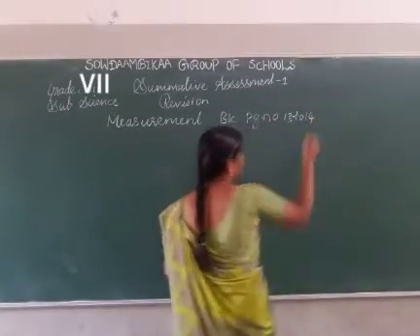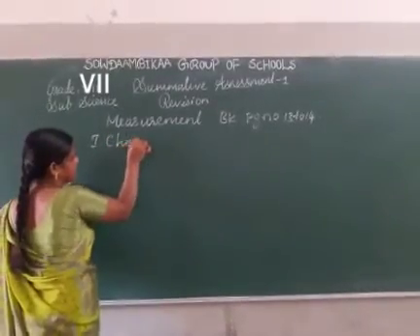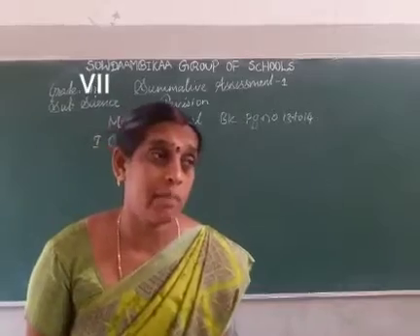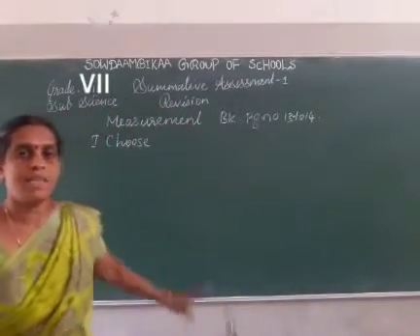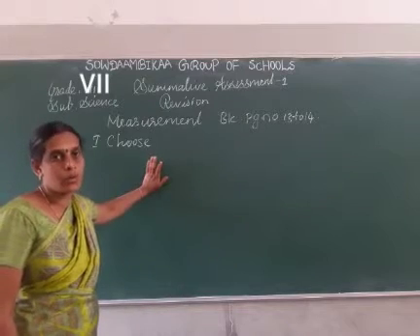So the first Roman is: choose the correct answer. This book back exercise was sent in a PDF. All are writing the book exercise. If you didn't write, now you write.